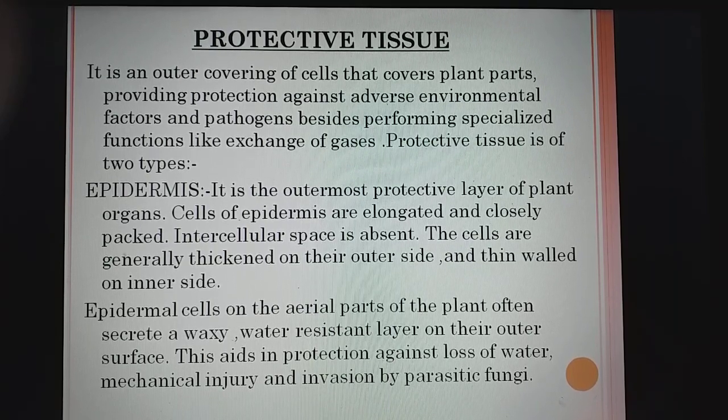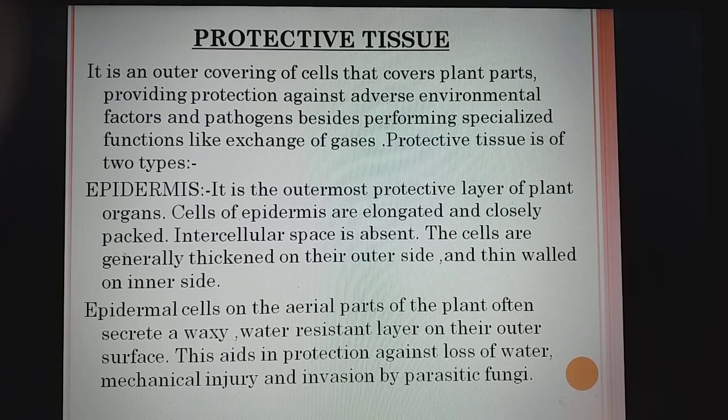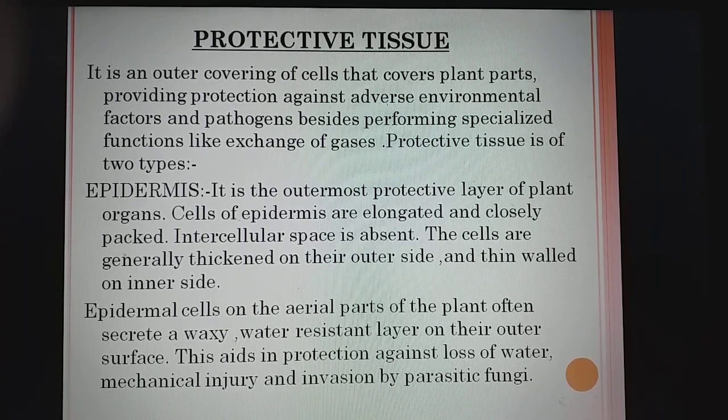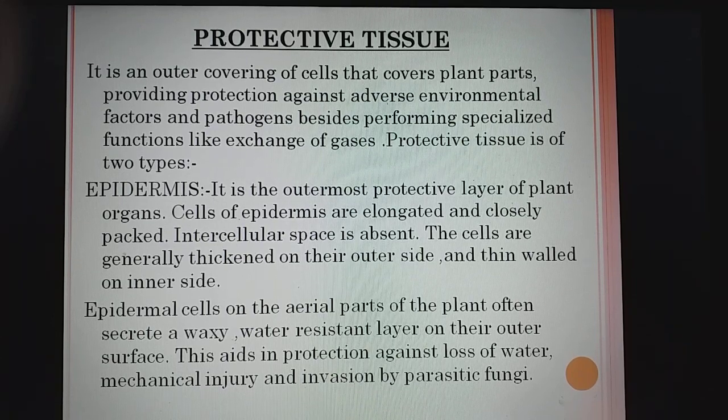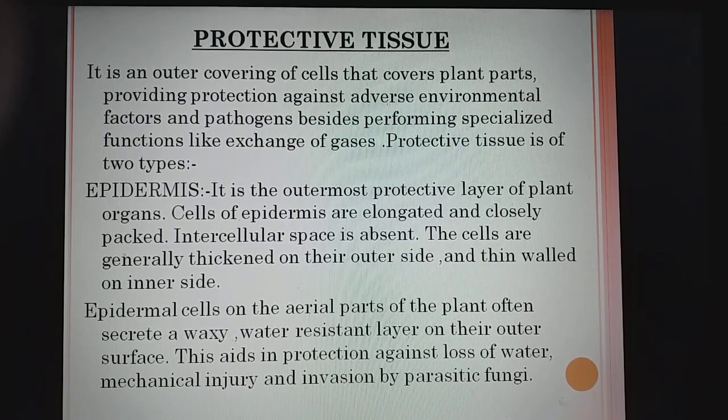So this waxy water resistant layer helps to protect against the loss of water, as well as protecting the plant from mechanical injury and from invasion by parasitic fungus.